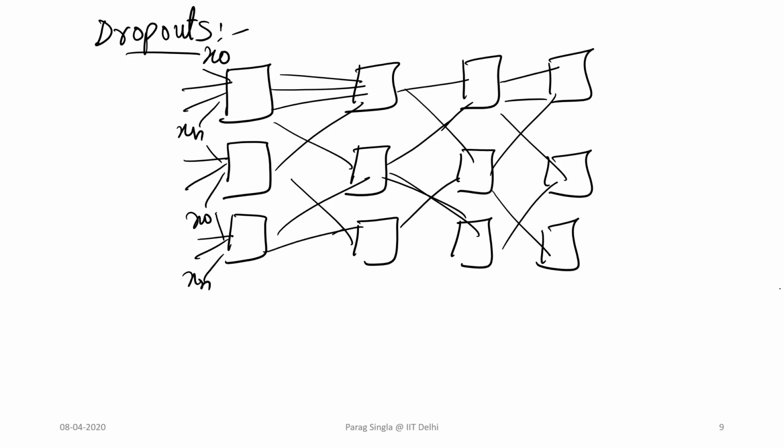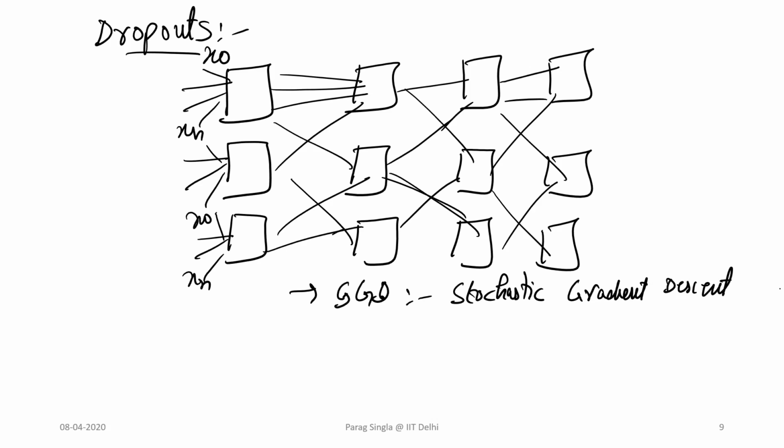So given this architecture, suppose you are training the network using SGD, stochastic gradient descent. Then what you do is, in each learning iteration of your SGD, with some probability, let's say P drop, you randomly zero out some of the connections.